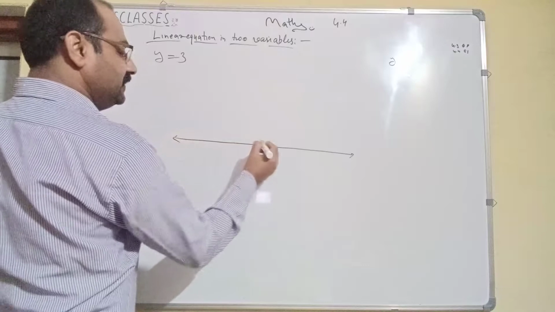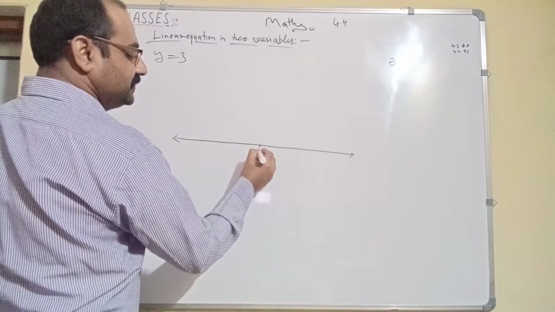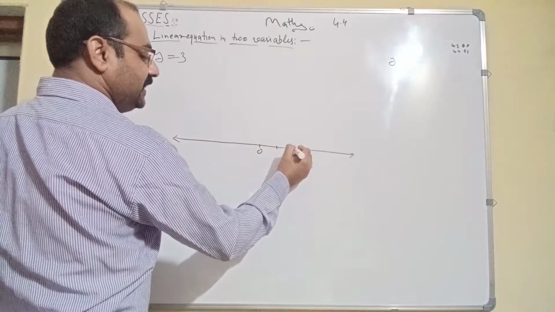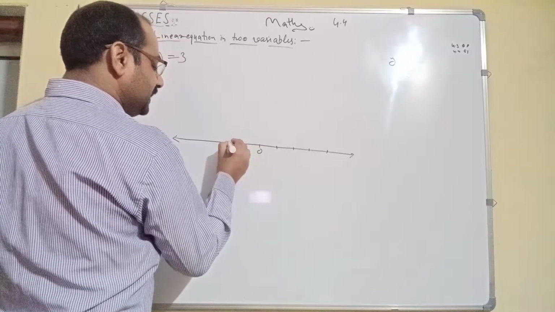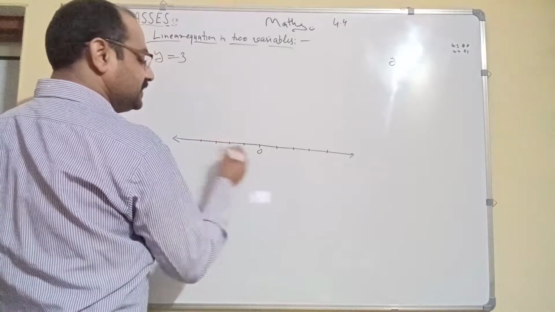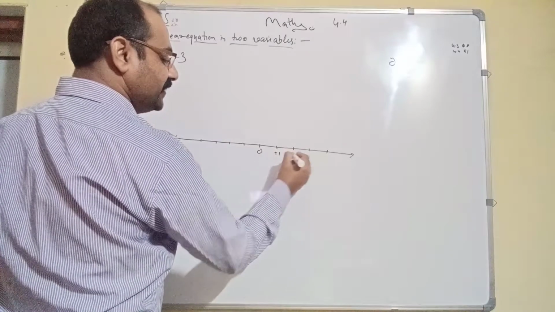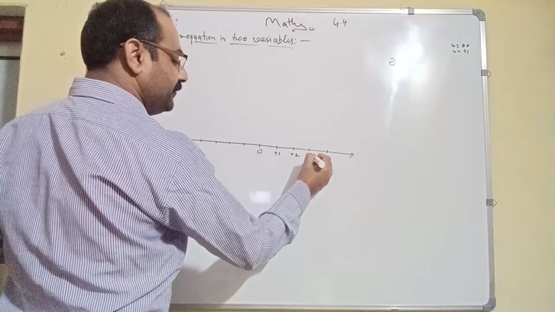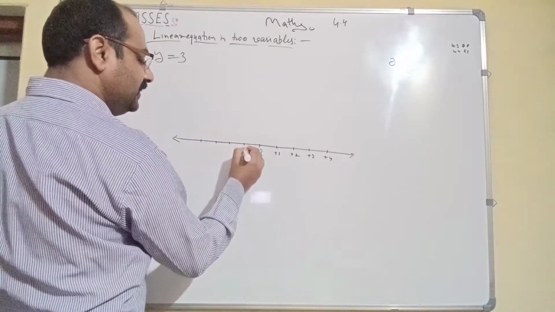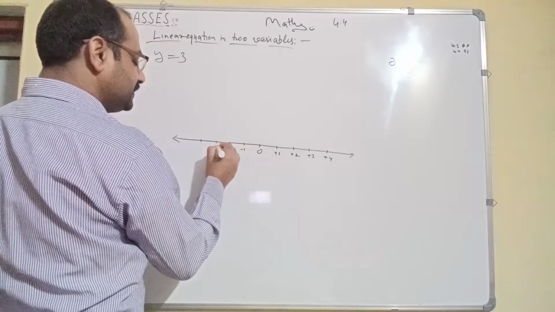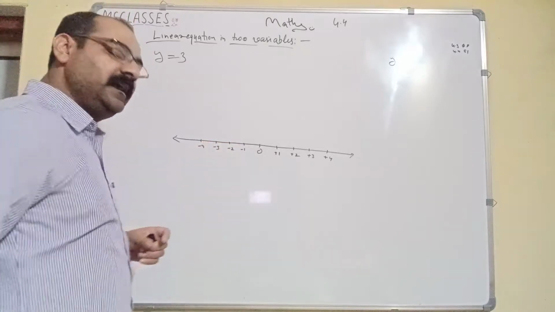This is a line, and at the center we have 0. Then at equal distances we have some values. The values on the right side are positive, plus 1, plus 2, plus 3, plus 4, and on the left side all will be minus 1, minus 2, minus 3 and minus 4.